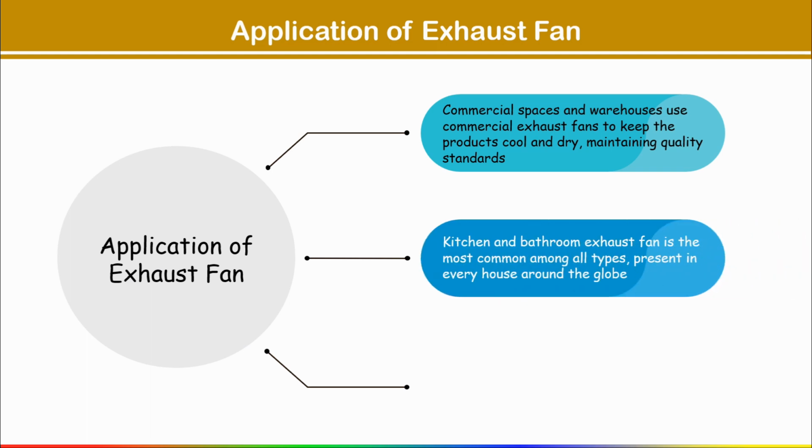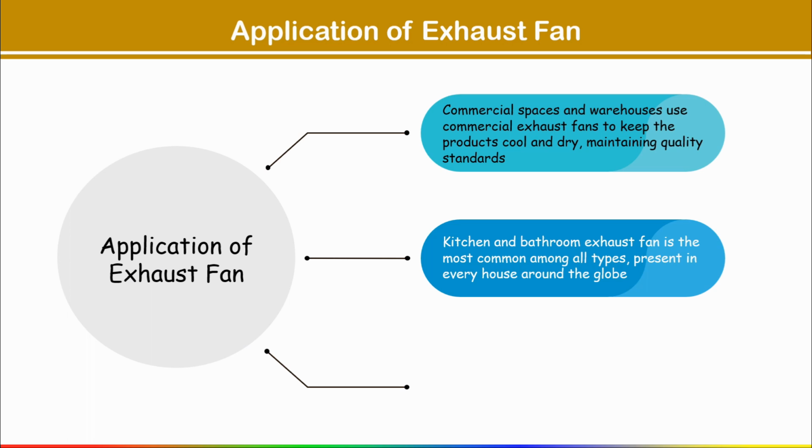Next, the kitchen and bathroom exhaust fan is the most common among all types, present in every house around the globe. Generally, in the kitchen area and the bathroom area, we place the exhaust fan. Why do we use an exhaust fan in the bathroom or toilet area? Simple, to remove the bad odor from the space.